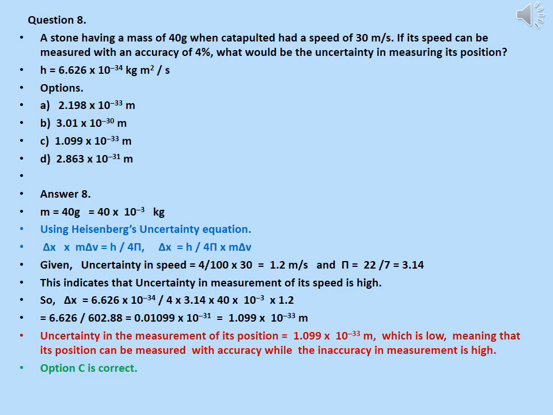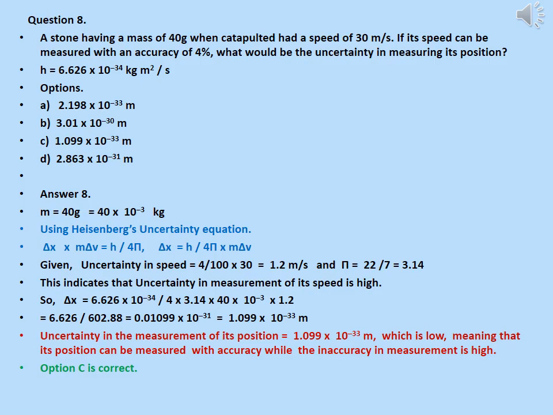When the uncertainty in the measurement of position is very low, the uncertainty in the measurement of its velocity would be high, or the accuracy with which the velocity is measured would be low.